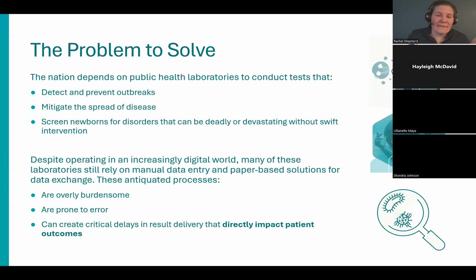Before we get into the explanation of what exactly Detor is, we wanted to briefly level set on the problem that we're trying to solve. The short version is that, and I think everyone on the line would agree, public health laboratories play a really critical role in our country's infrastructure. They keep us safe from disease, they detect and prevent outbreaks.